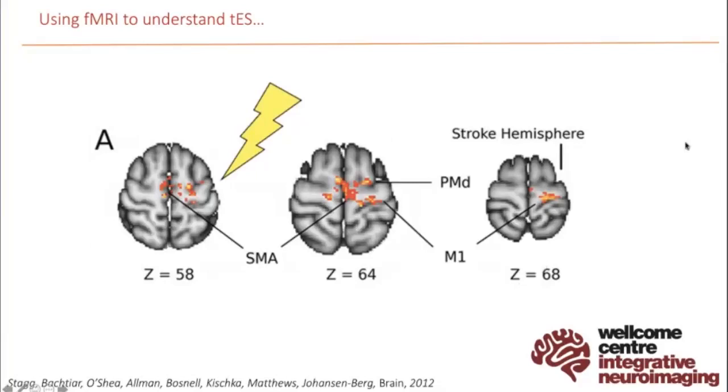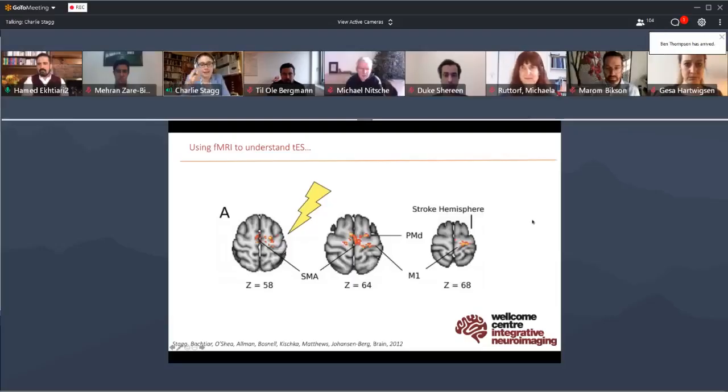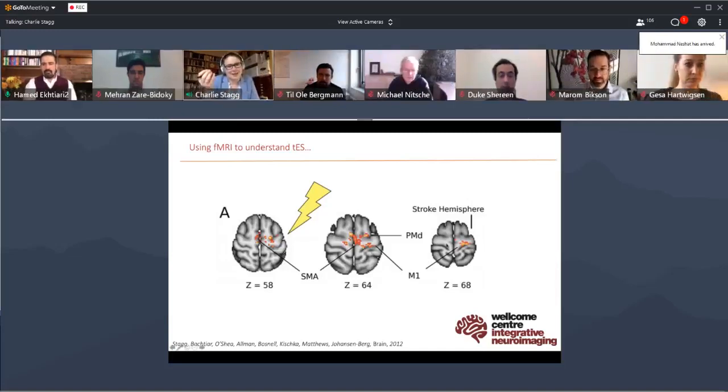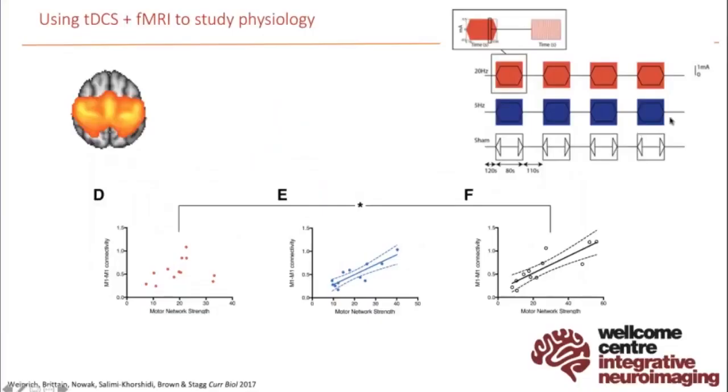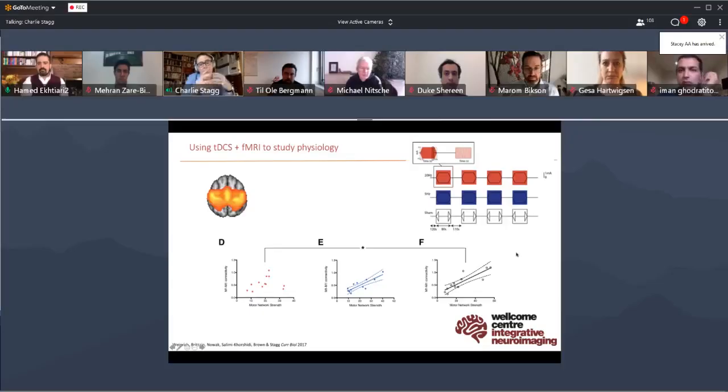So we can understand what we're doing and we can target our stimulation approaches better. But that's not all we can do. Next slide, please. We can use brain stimulation compared with MRI to study physiology. So we can not look at the effects of brain stimulation per se, but use brain stimulation to drive physiological processes and look at the changes.